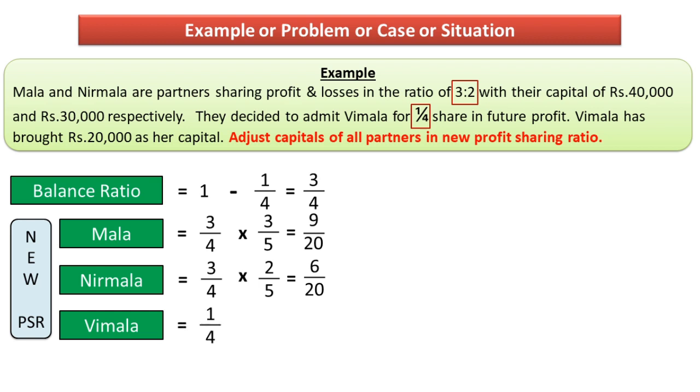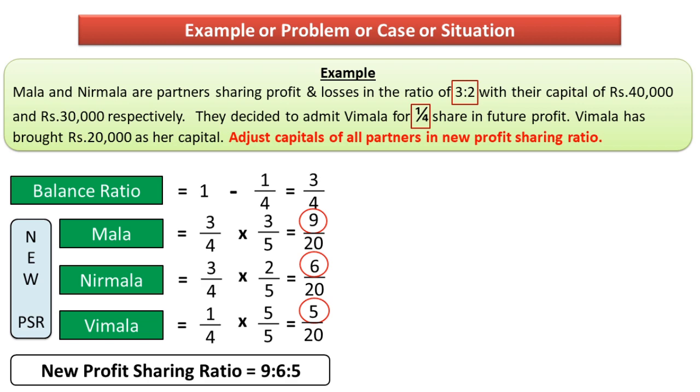Since this is a ratio, denominator should be equalized and therefore this 1/4 should be multiplied by 5 on both the sides. So the answer is 5/20. So here we have got our new profit sharing ratio, that is 9:6:5.